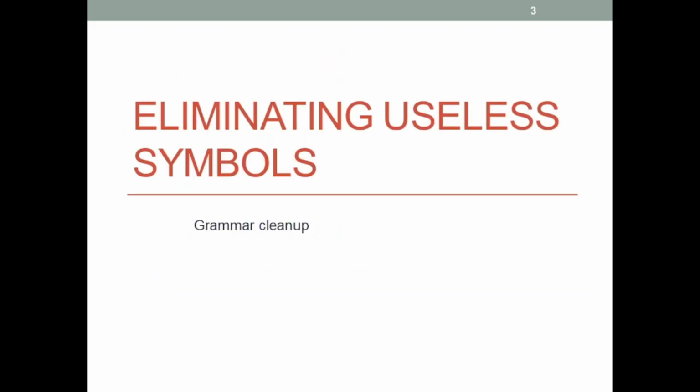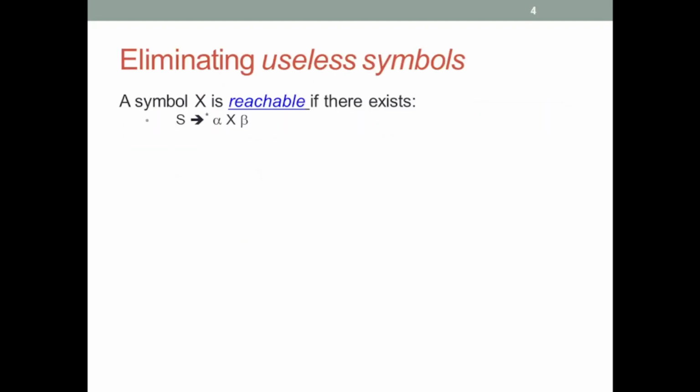So first we will see eliminating useless symbols. A symbol X is reachable if there exists a production such that S derives alpha X beta. S is the starting symbol here.